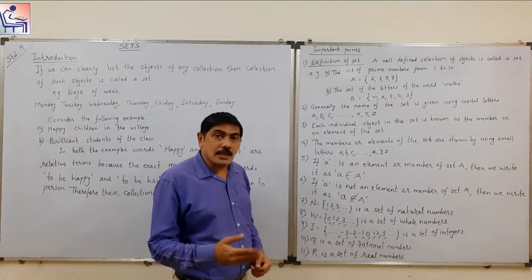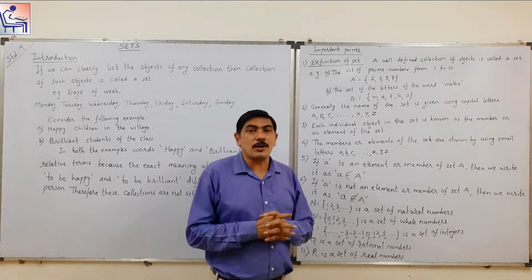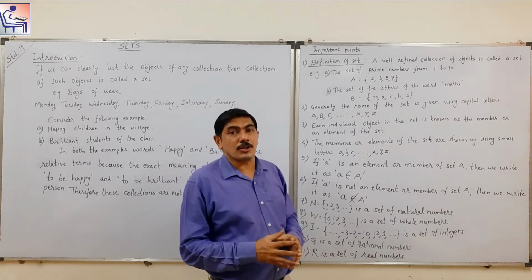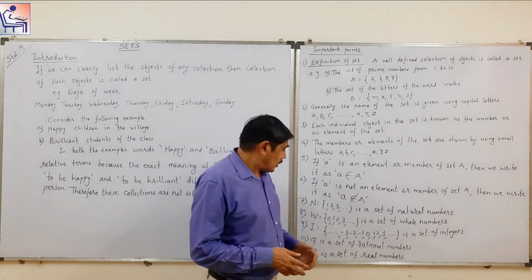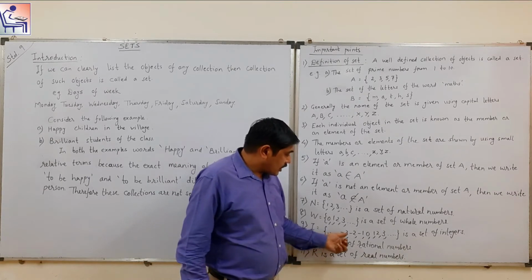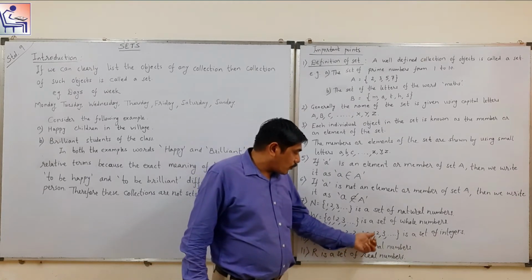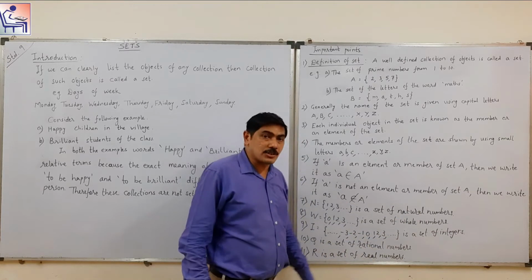Then I stands for integers. It includes all negative numbers, 0 and all positive numbers: so negative numbers, then -3, -2, -1, 0, 1, 2, 3 and so on is a set of integers.